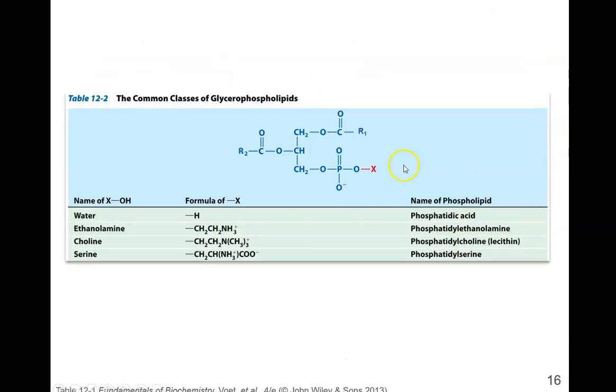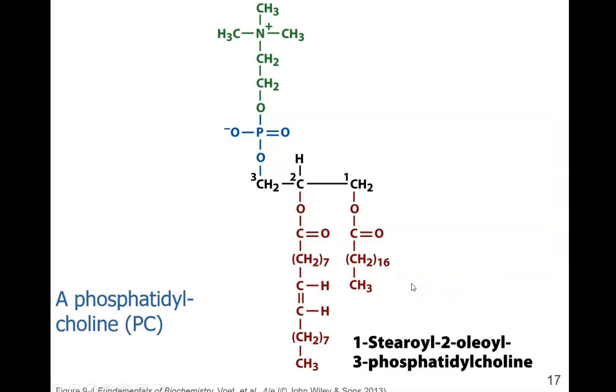The types of head groups you can have, shown by X, are things like ethanolamine, choline, or serine, and you can see that these are polar charged groups. So we would just call these phosphatidylethanolamine, phosphatidylcholine, which you might see is also called lecithin on your food packages, or phosphatidylserine. Because they have the same basic structure, the phospholipids are named for their head groups.